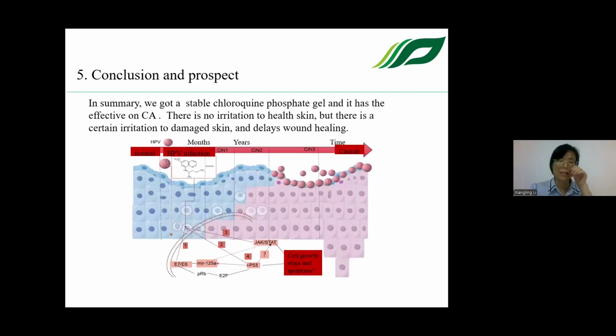So in summary of my presentation, we have a stable CQ gel and it has an effect on CA, but there is no irritation to healthy skin, while there is a certain irritation to damaged skin, and it will delay wound healing. As we all know, after infection with HPV, it generally takes a long time to have symptoms of the disease.